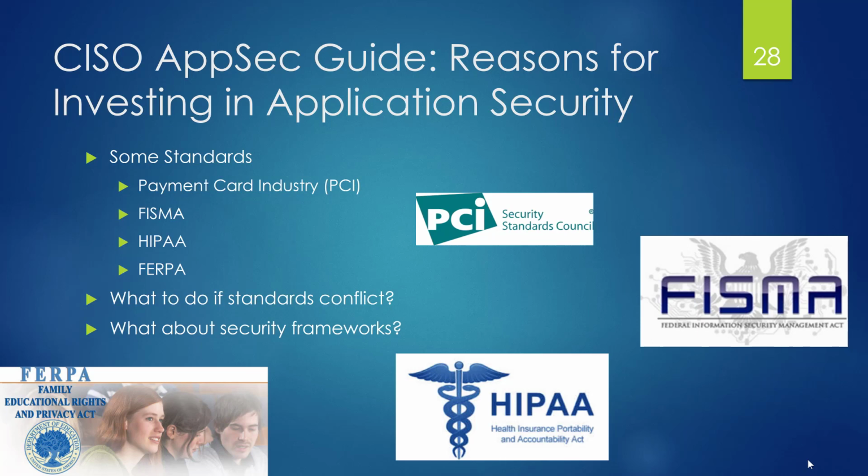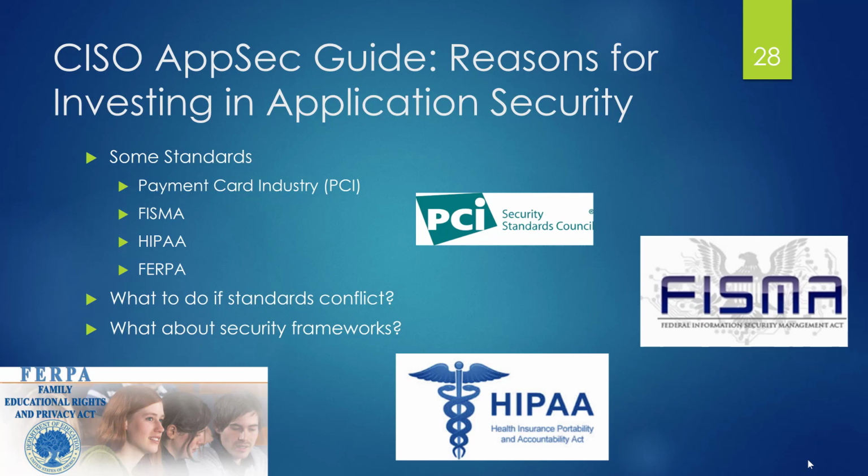And as I mentioned, there are all of these standards out there. Some of these standards, like the payment card industry, are voluntary, but if you're processing credit cards, you're going to have to do that. Others, like FISMA, HIPAA, FERPA, are not optional. Those are dictated by law, and we've got to make sure that we implement that to protect federal information, personal information as it relates to students, and health information.